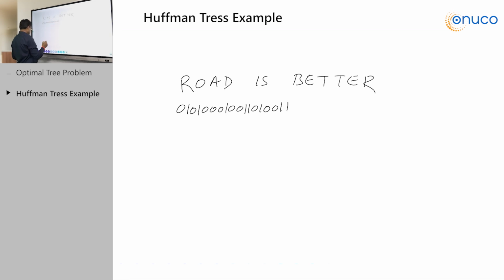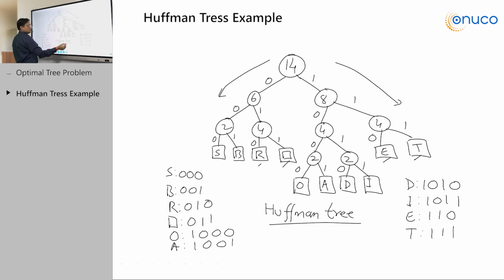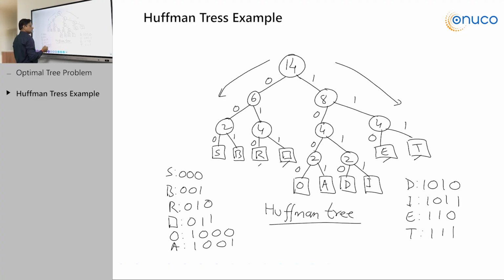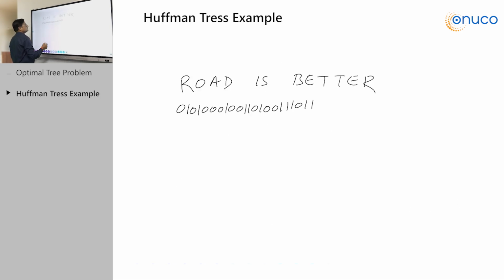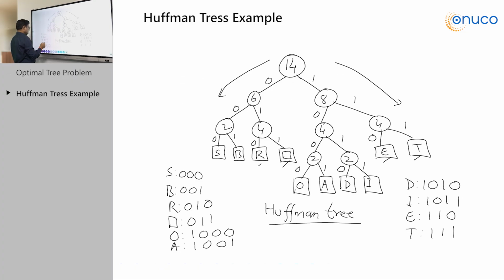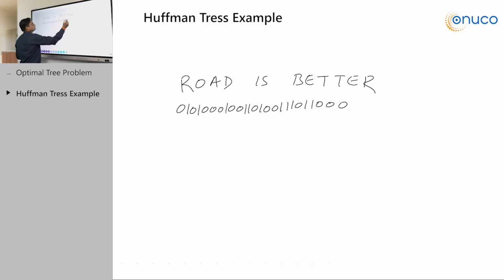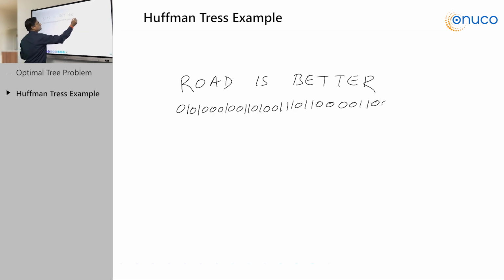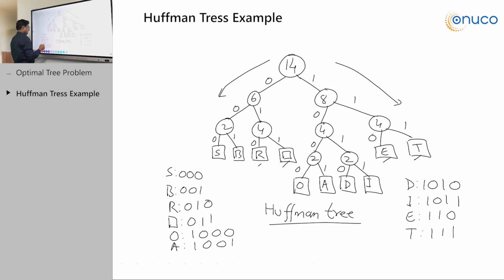What about I? I is 1011. S is 000. Again we have blank space, which is 011. B is 001. E is 110.